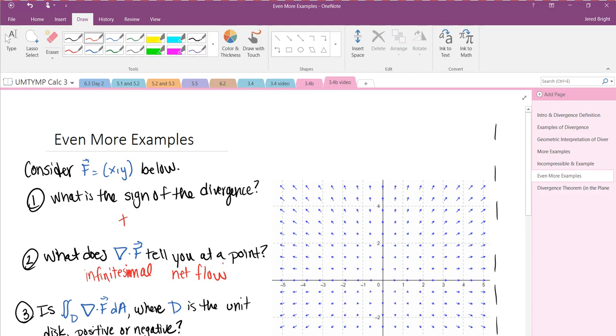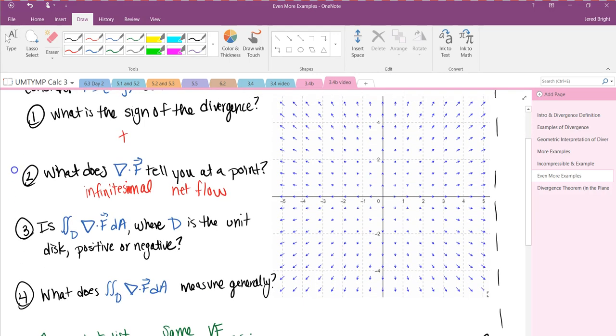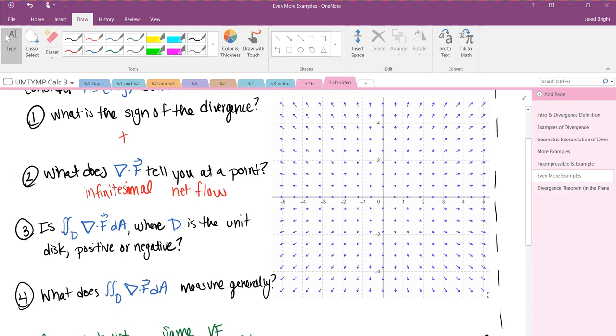Okay. And so now, number 3 is kind of interesting. So it says, well, really the double integral over a disk, that is, the unit disk, for the divergence. So I'm going to do my best to freehand this.